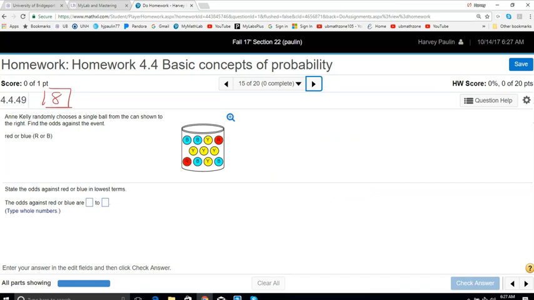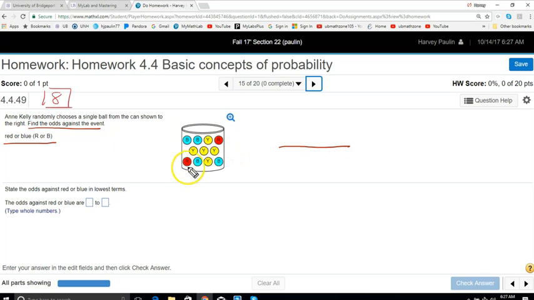Okay, we're getting close. A few more. Number 8. I like the ones that show color, easy to pick out. So she's randomly going to choose a ball from a can to the right. Find the odds against the event. Now that you pick out a red or blue ball, well, what do we need to do first?